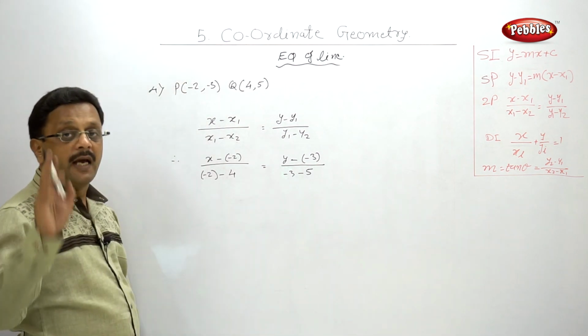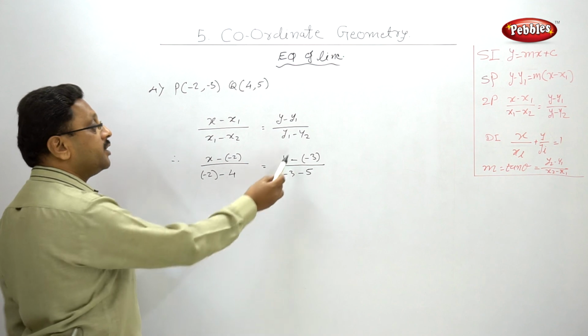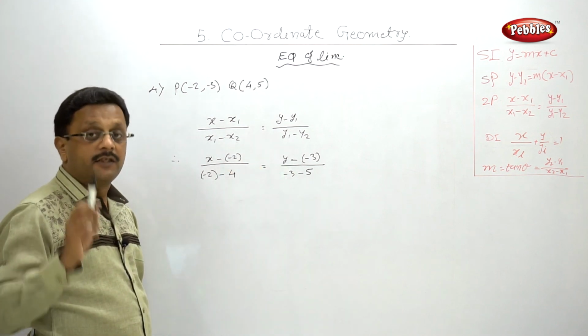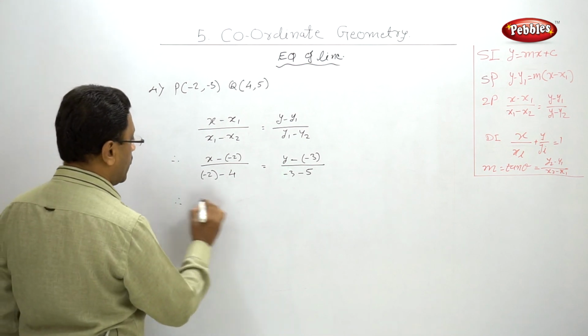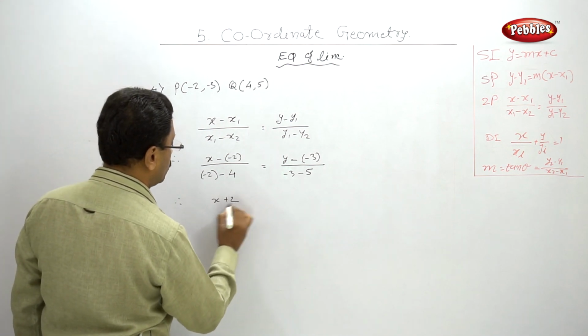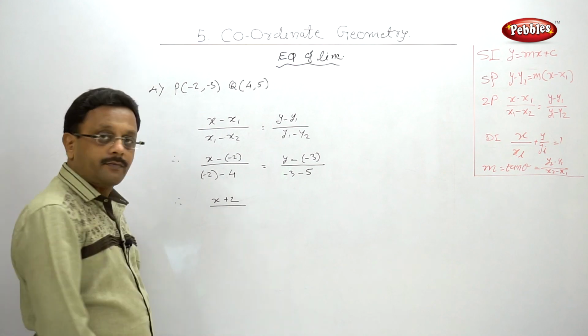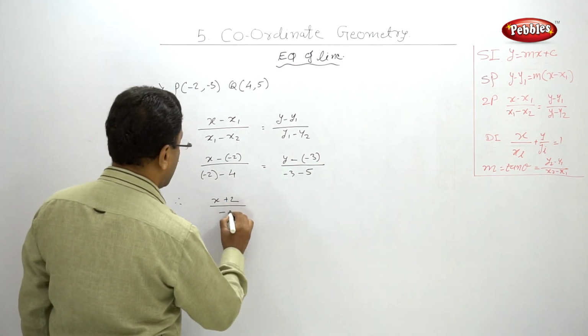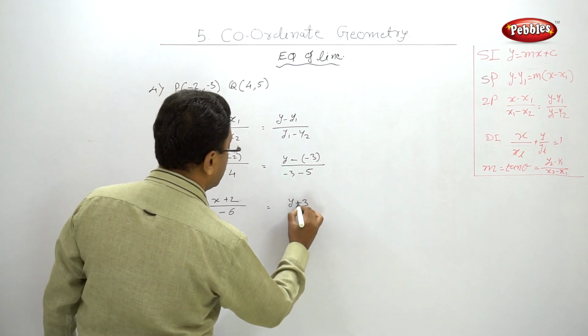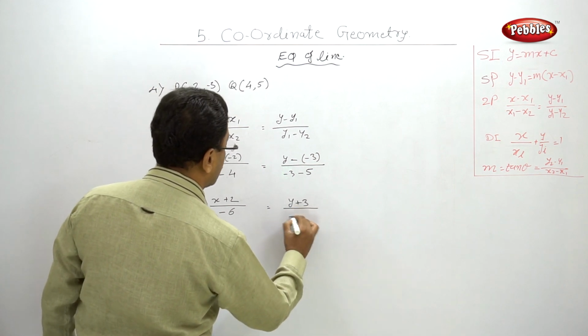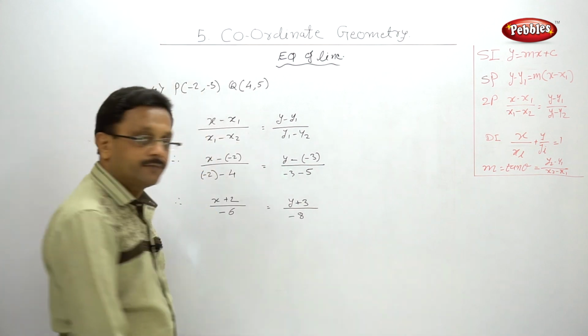Let one step be added, but don't solve this directly. There is a possibility of missing the sign. So now we have x plus 2 upon minus 6 equal to y plus 3 upon minus 8.